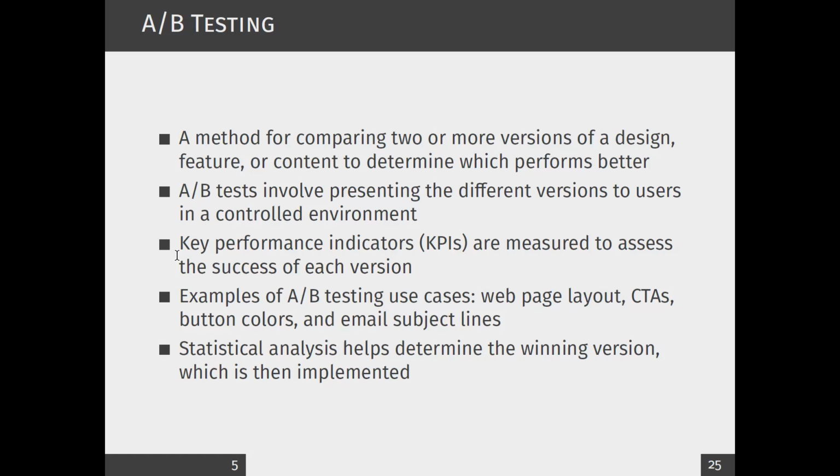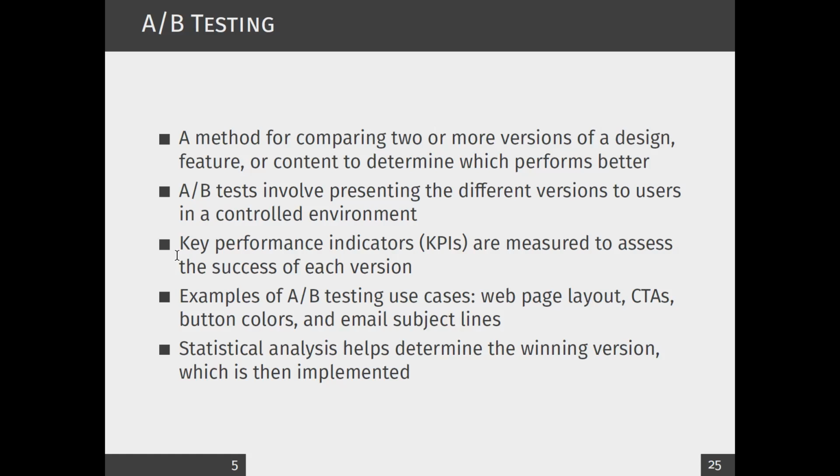They can think and make a decision. So A/B testing could be in different places, where you present different versions to users, right? And we will also have what we call KPIs to assess the success of each version. Then we can decide which one we are going to select.